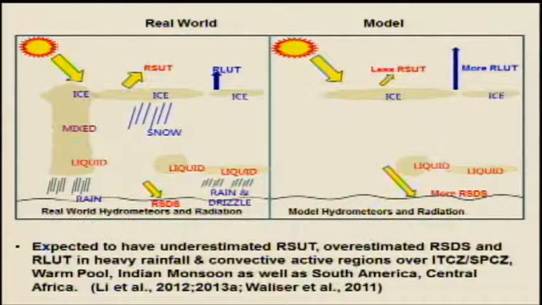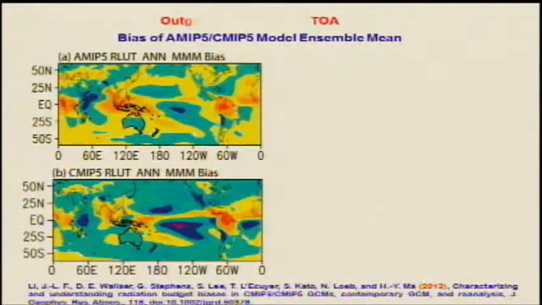So we expected to have an underestimate of shortwave and an overestimate of outgoing longwave radiation. So we published a paper along that line, to report what we found about the ice water content in the global climate model community, that we do have an underestimate.